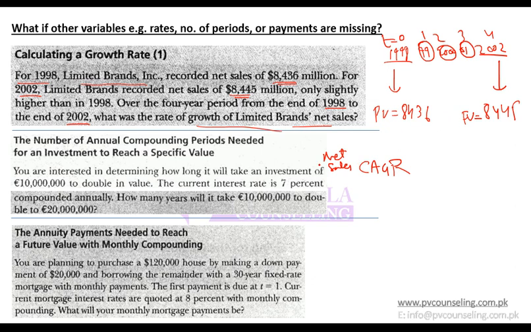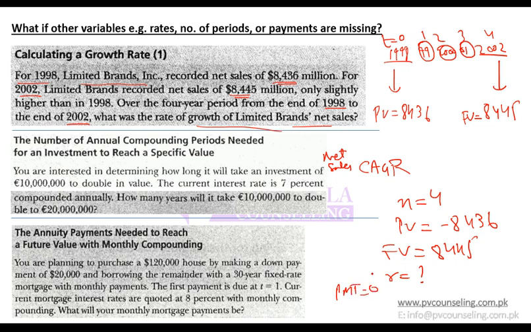You have to compute R. So your N is 4, your PV is minus 8436, your FV is 8445, payment is 0, and R you have to find out. If you compute R, that will be the compounded annual growth rate of net sales.